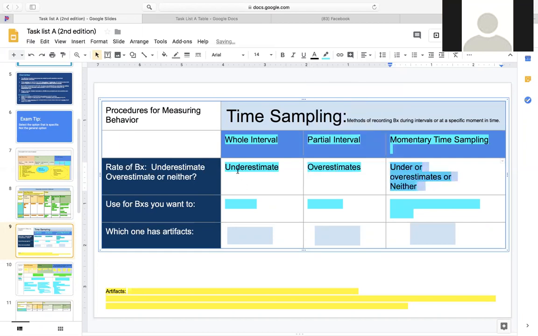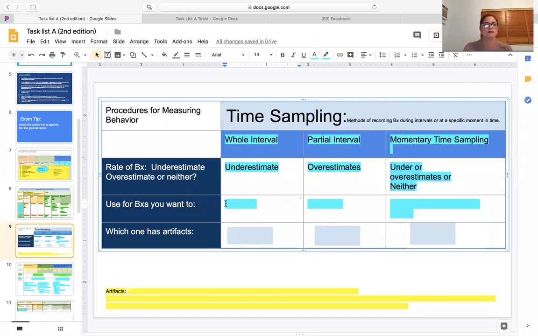Does anybody want to explain what that means? So for a whole interval, pretty much the behavior has to occur throughout the entire interval in order for that to count. Yes. So basically, in partial interval, for example, the child does the behavior.